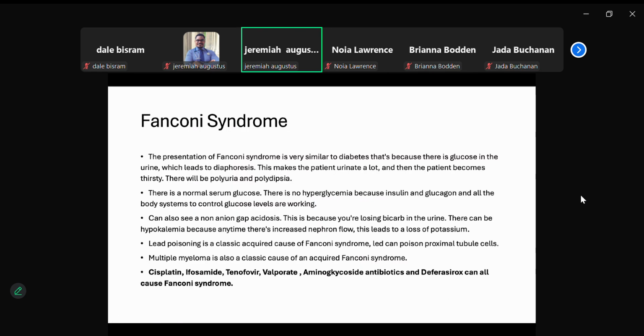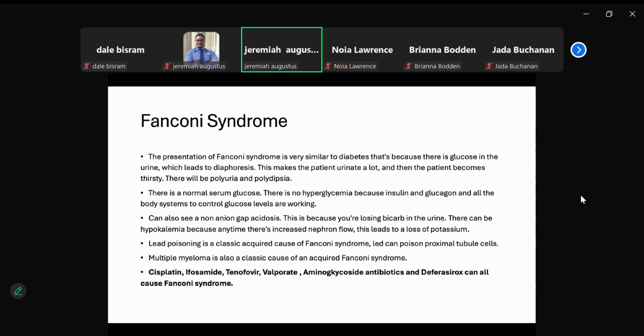Now, Fanconi syndrome presents very similar to diabetes. You're going to have high sugar, you're going to have glycosuria. The difference is that there's going to be normal serum glucose. In Fanconi syndrome, the patient is going to lose function of the proximal tubule. So they're going to end up with a lot of things.